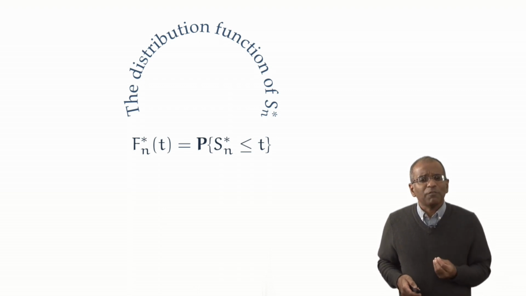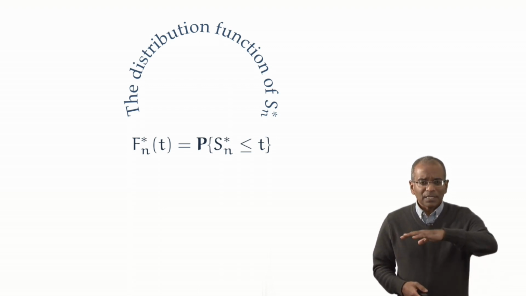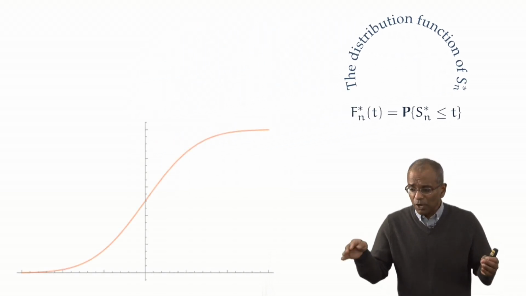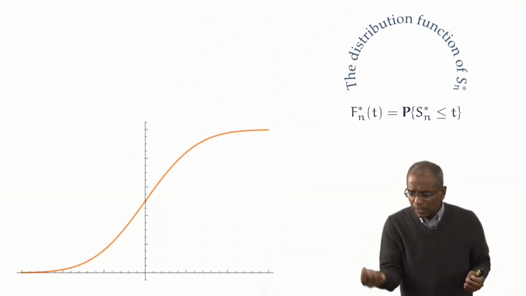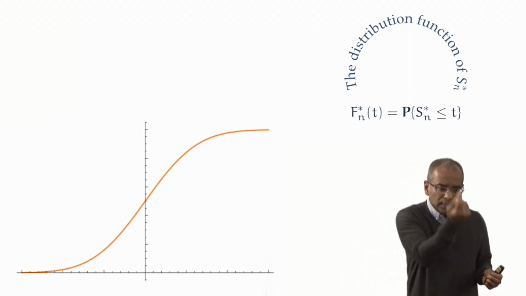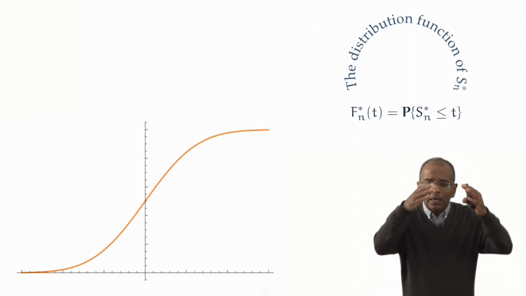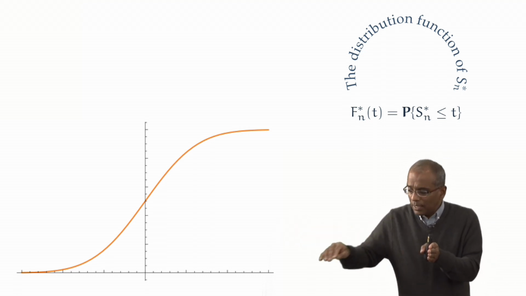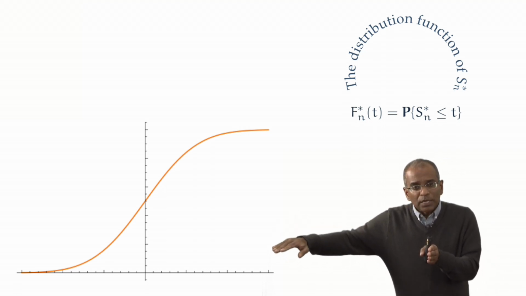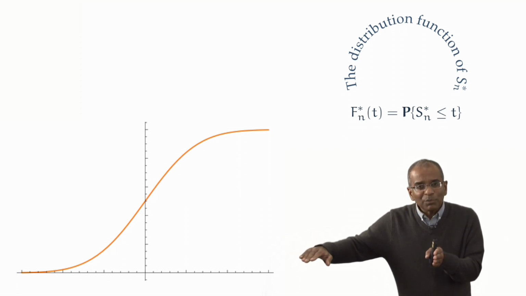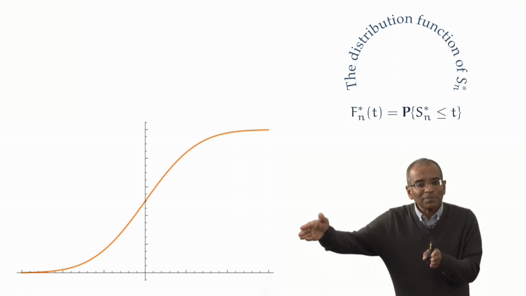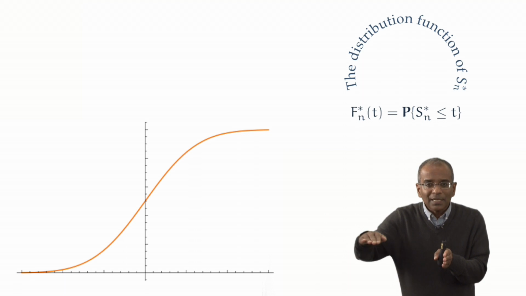How does the distribution function look? Well, let's think about it first. A generic Sn star has a mass function which looks like this bell curve. You've got little things which go up and down and then decrease smoothly. Now, if you want to add up the masses up to a given t, you start out near infinity at 0, and then the first time you hit a mass, the value jumps up by that mass amount, and then stays flat till the next mass.